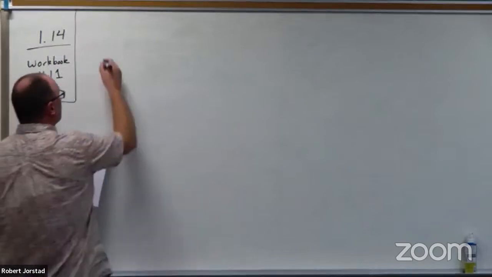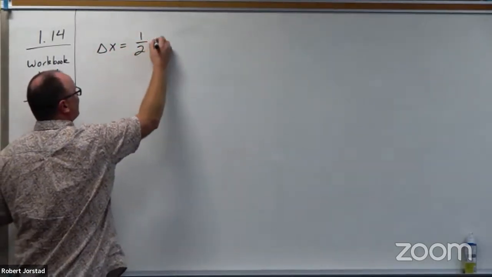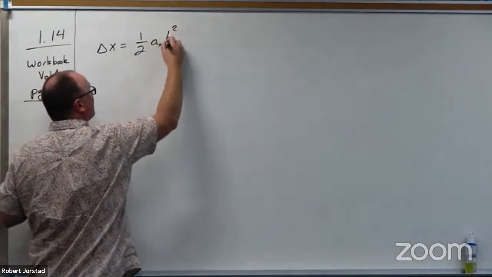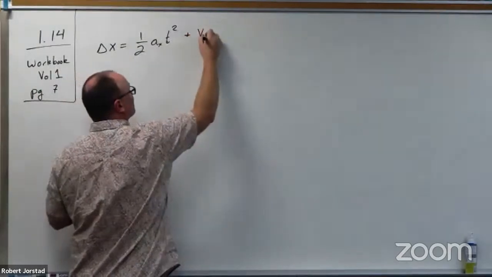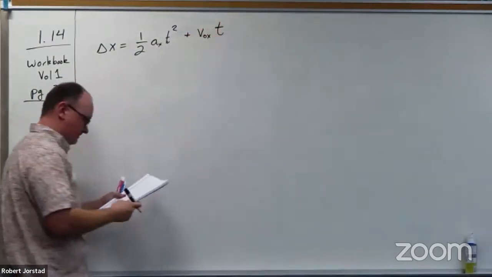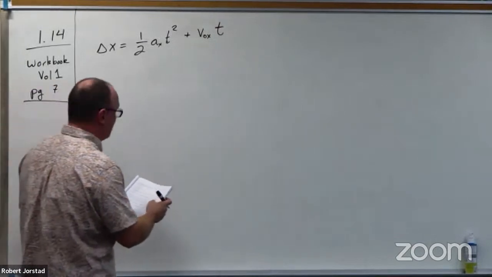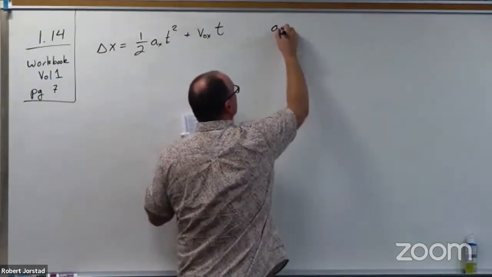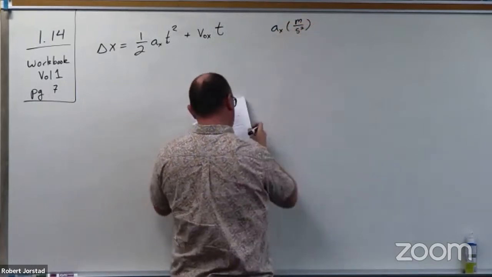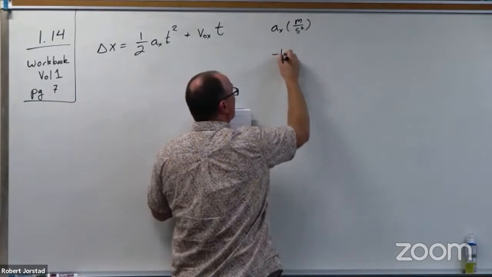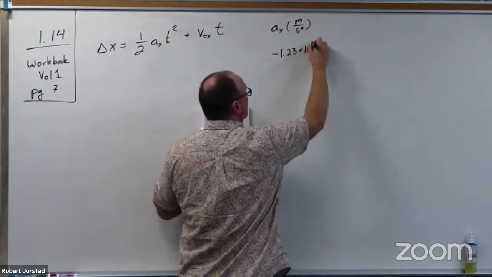So we know that delta x, we're given some weird equation, is 1/2 a sub x t squared. If you've taken a physics class before, you probably know this equation. Furthermore, we're given some measurements. We're told that a sub x was measured in meters per second squared as negative 1.23 times 10 to the negative 1.